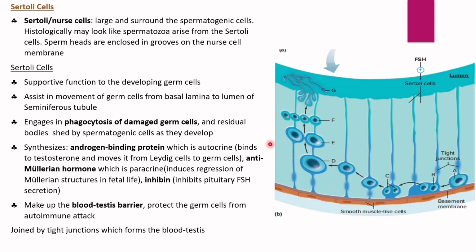They also secrete an anti-Mullerian hormone which helps to degrade the female reproductive ductal system.